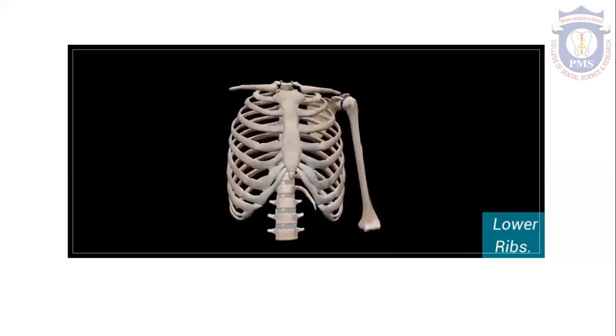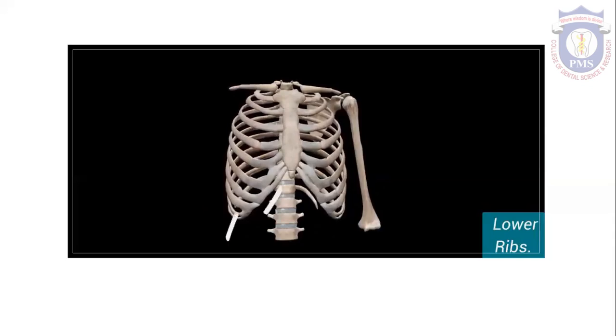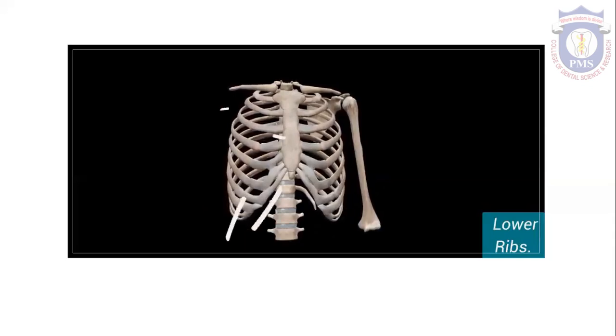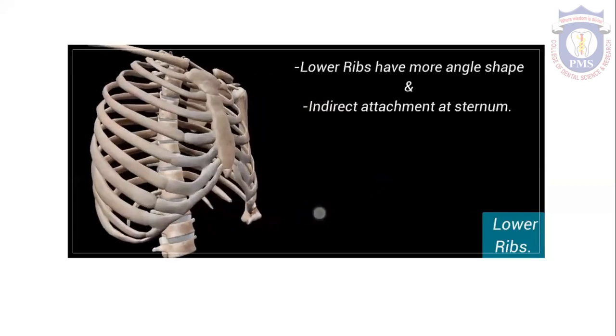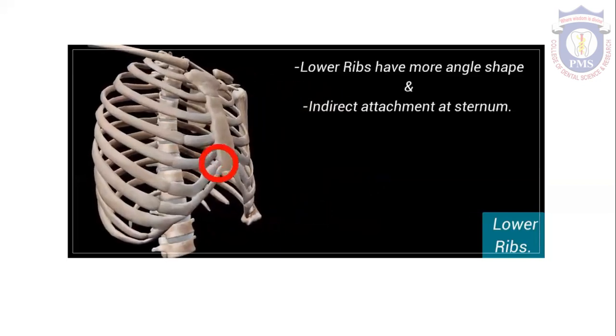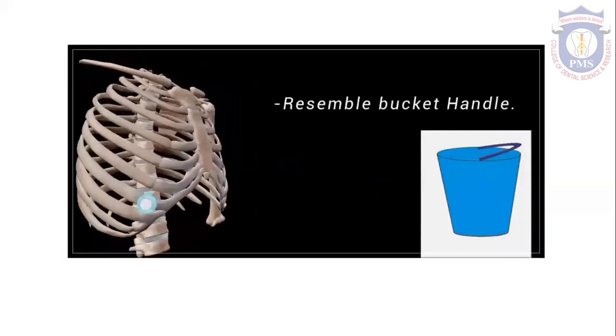In the lower ribs, most of the movement occurs at the lateral aspect. Structurally, the lower ribs have a more angled shape than the upper ribs, and they have an indirect attachment anteriorly to the sternum, which makes them resemble a bucket handle.